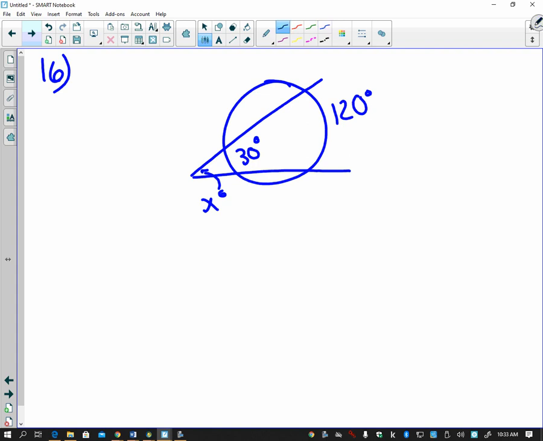So our formula for this is major arc minus minor arc divided by 2.